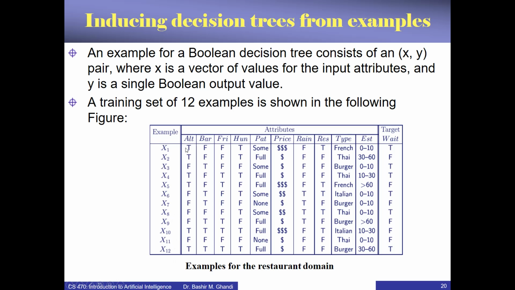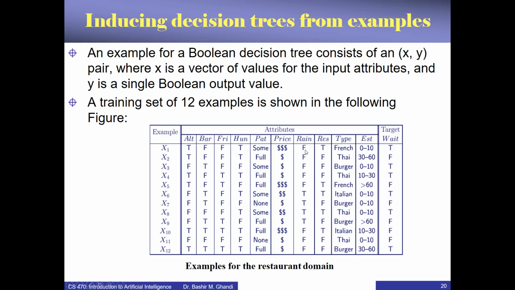Okay, so you can see, for example, for x1, alternate is true, but bar is false. Friday/Saturday is false. Hungry is true. Patrons is some. The price is in terms of $100, hundreds of dollars.